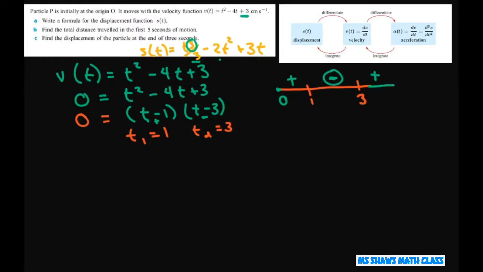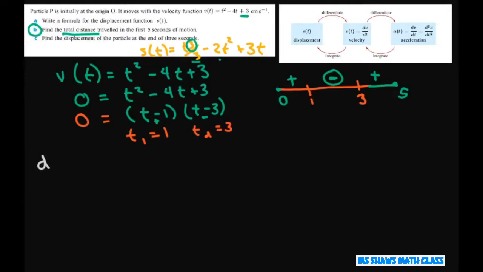We want to go all the way here to 5, because for part B, we're finding the total distance. So anytime you're not using a calculator and you have to find the distance, you have to use the sign diagram. And then we're going to use our intervals for our distance.